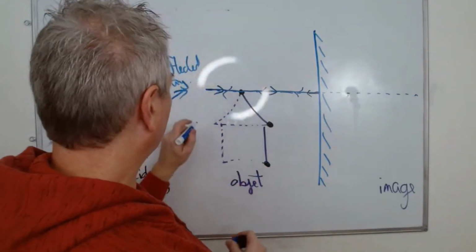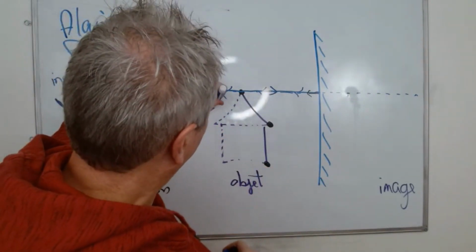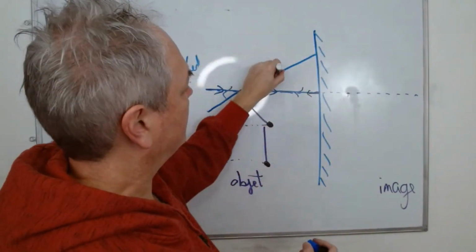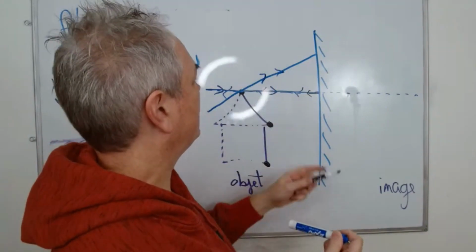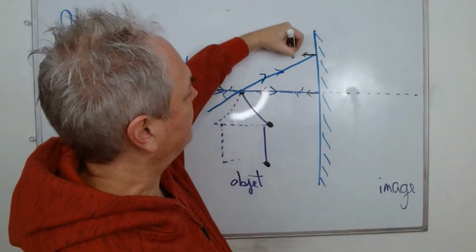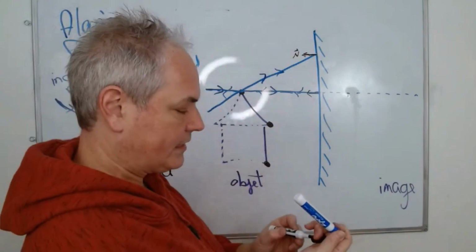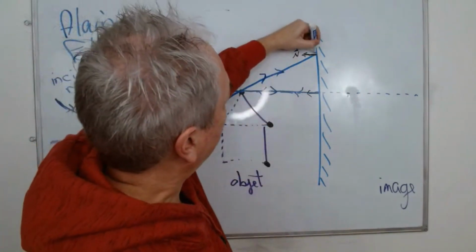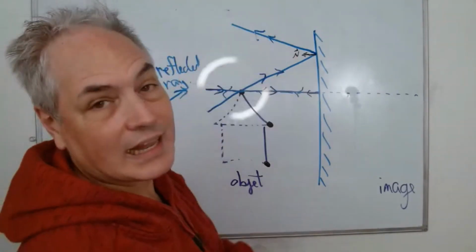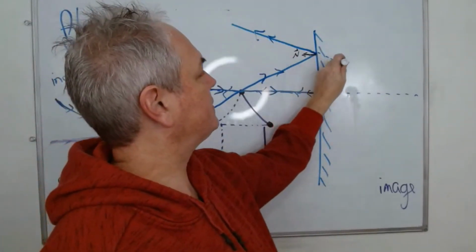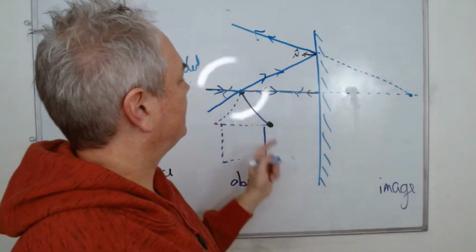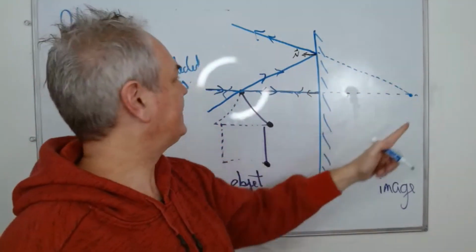I'm going to do another ray of light. So here's another incident ray going this way. We have our imaginary point here. We have a perpendicular line right here. That means that we have a reflected light like this.